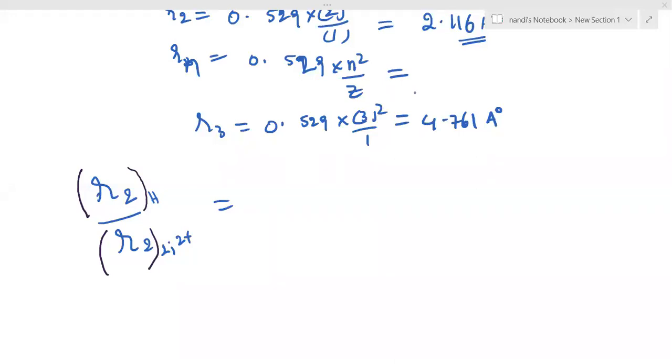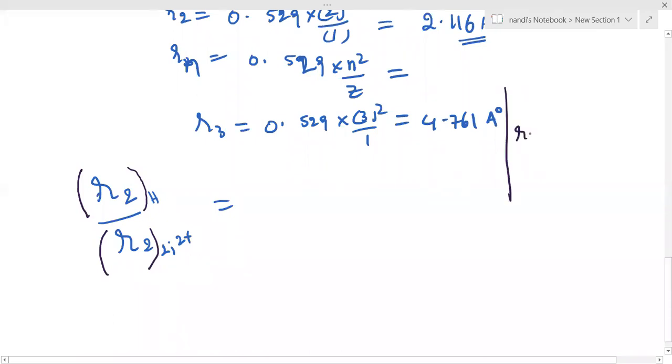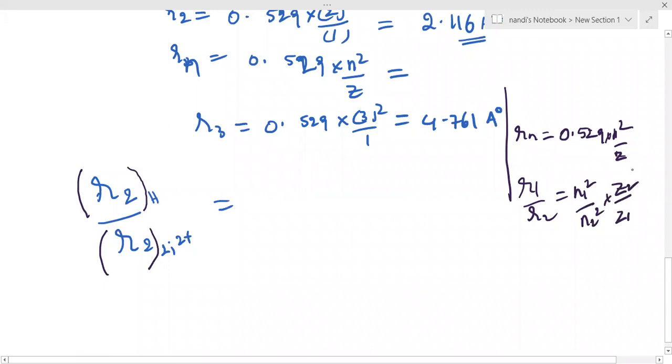Radius Rn equals 0.529 into n square by Z. So R1 by R2 equals n1 square by n2 square into Z1 by Z2. Is it correct? Anything wrong?